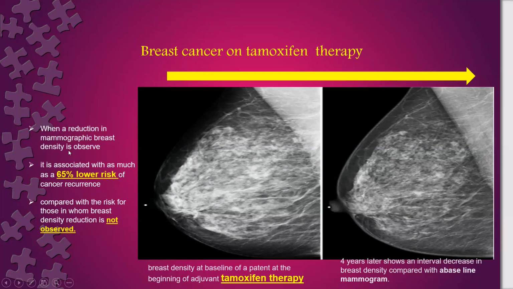When reduction in mammographic breast density is observed, it is associated with a 65% lower risk of cancer recurrence. You see, it is a good prognostic factor. When compared with those who do not show reduction in breast density, they found that it decreases the risk of recurrence by 65%.